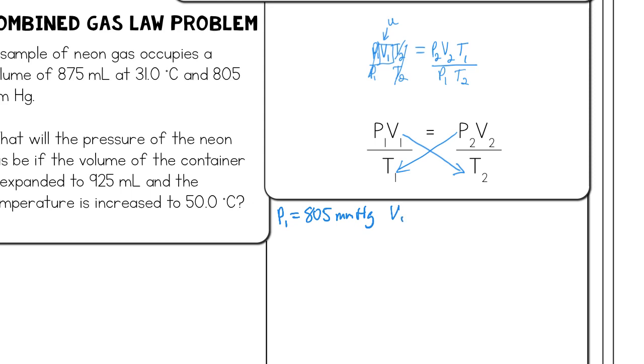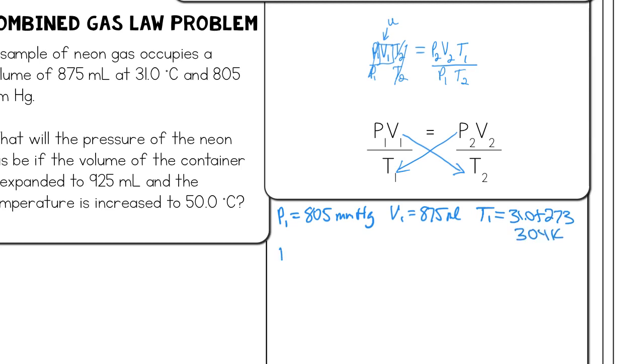My volume 1 is going to be equal to 875 milliliters. All right, so my T1 is equal to 31.0 plus 273, and that's going to give me T1 of 304 Kelvin.